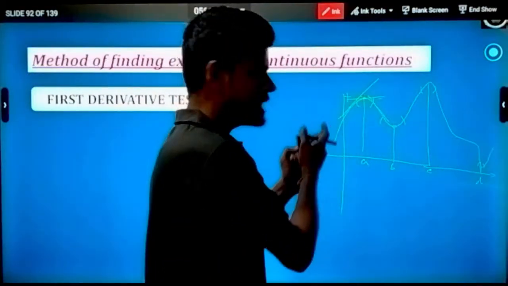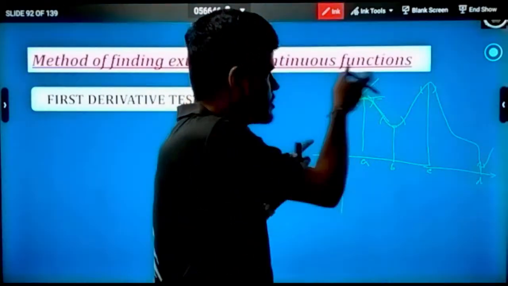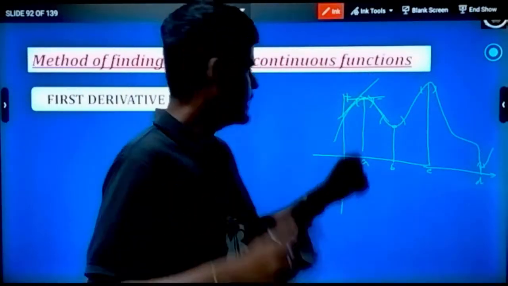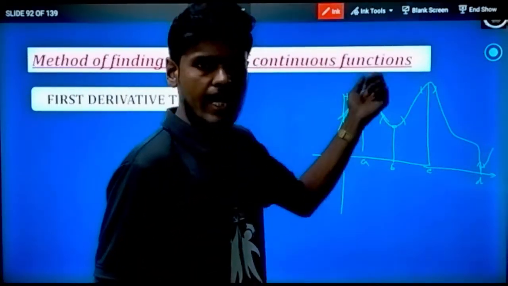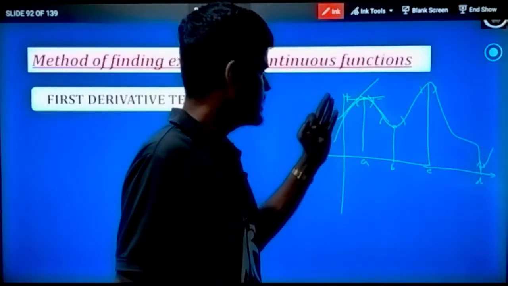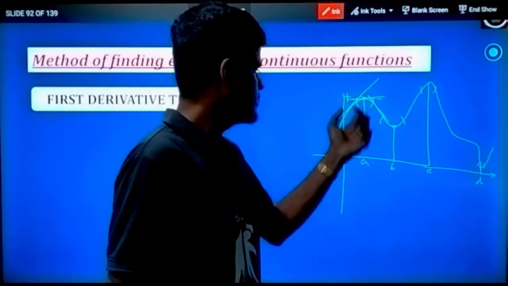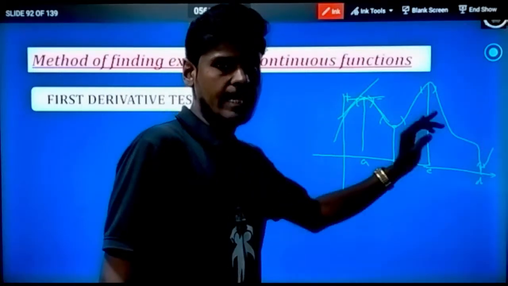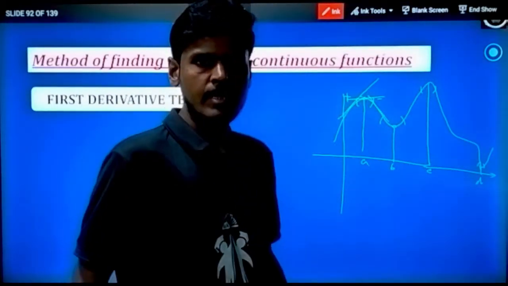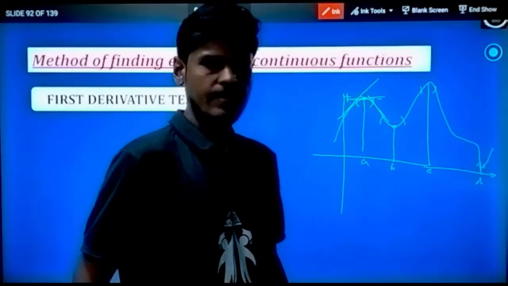So the tangent changes its slope from positive to negative through 0. So f dash at this point will become 0 and it changes its sign. If the first derivative of the function f of x changes its sign from positive to negative, then that point will be maximum.